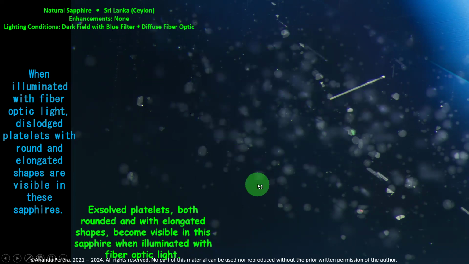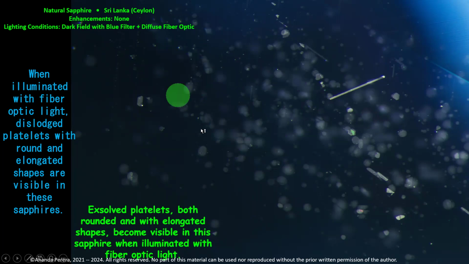And look here. You can see discoid-like shapes. Some gem testing laboratories will misunderstand this as glassy discoids. But this is not glassy discoids. When illuminated with fiber optic light, these are the platelets. Inside our blood, we have platelets.